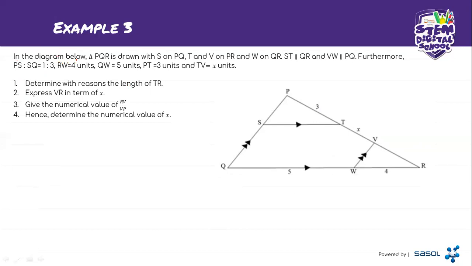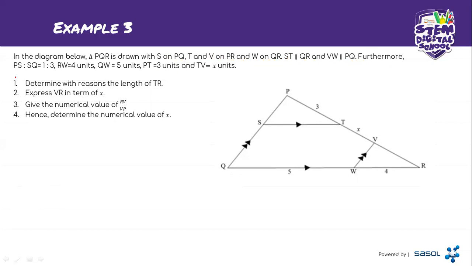In the diagram below, triangle PQR is drawn with S on PQ, T and V on PR, and W on QR, such that ST is parallel to QR and VW is parallel to PQ.